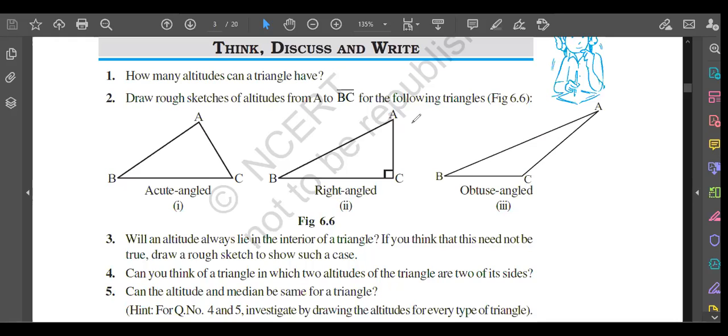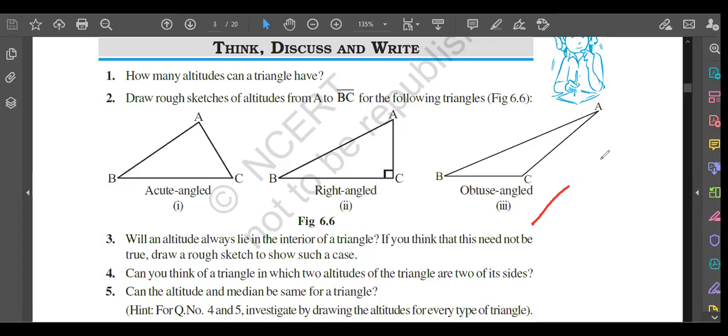Now question number 5. Can the altitude and median be the same for a triangle? Yes. In which case of triangle? Draw an equilateral triangle. It is talking about all the medians and all the altitudes.